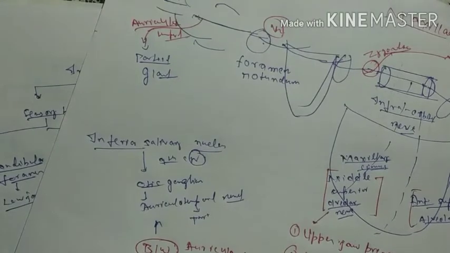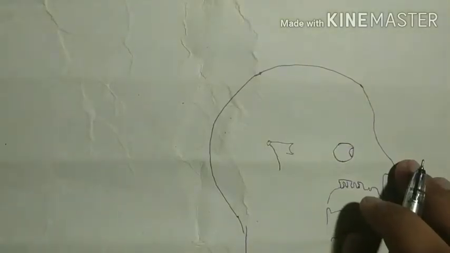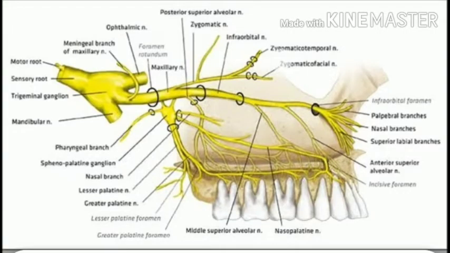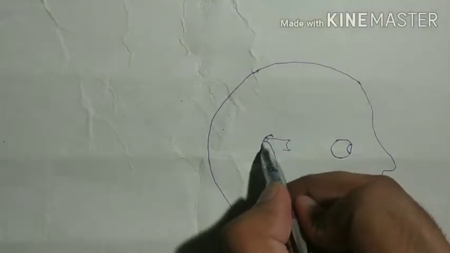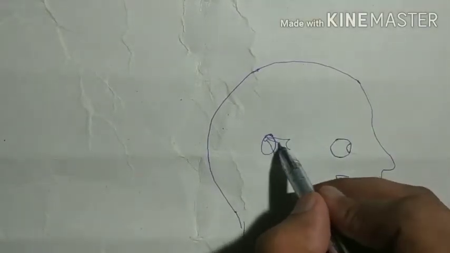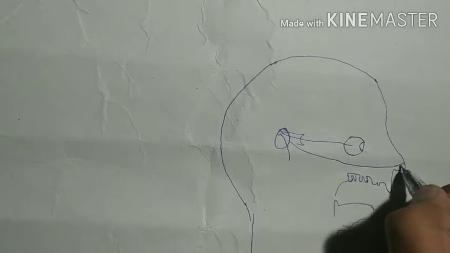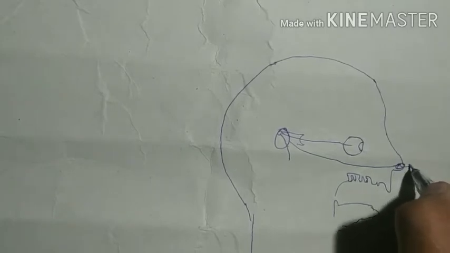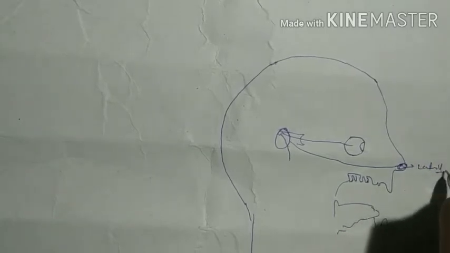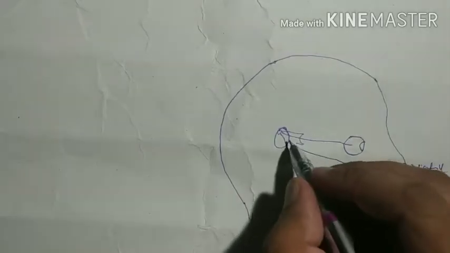If I show the figure like this, here this is the V2 branch, then it goes to the nose as the labial branches, nasal branches, and then to the palpebral branches.